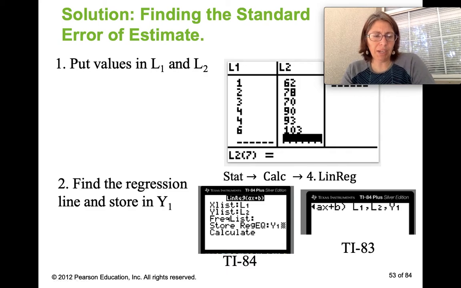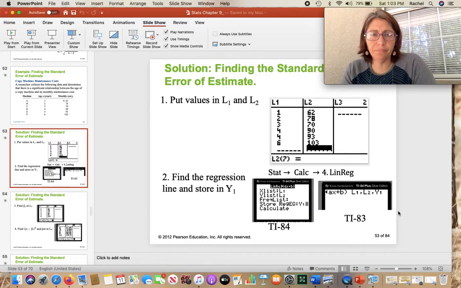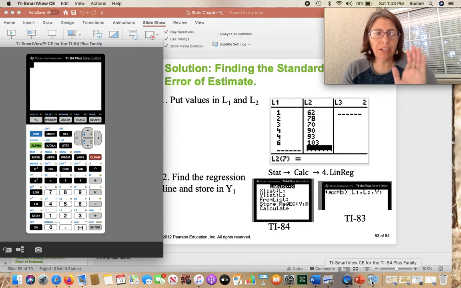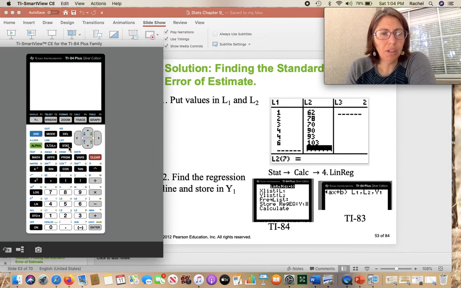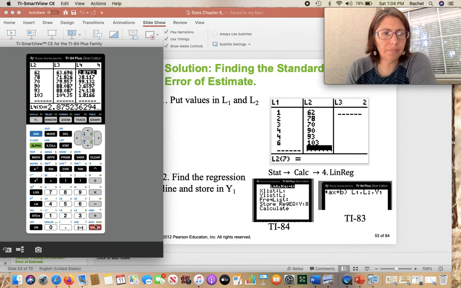Okay, I'm going to get out of this for a second, and I'm going to show you how to find y1. Let me pull up the calculator. My list 1 and my list 2 are good to go.